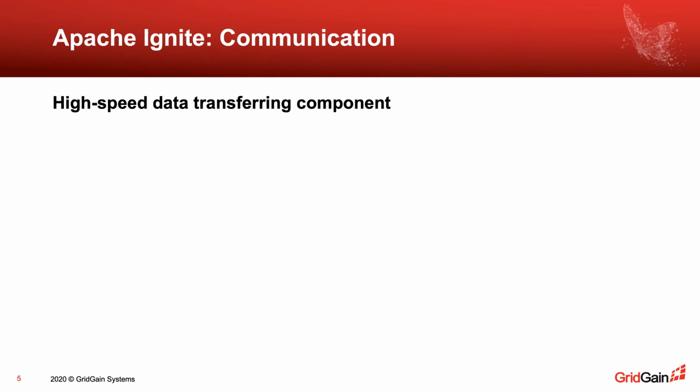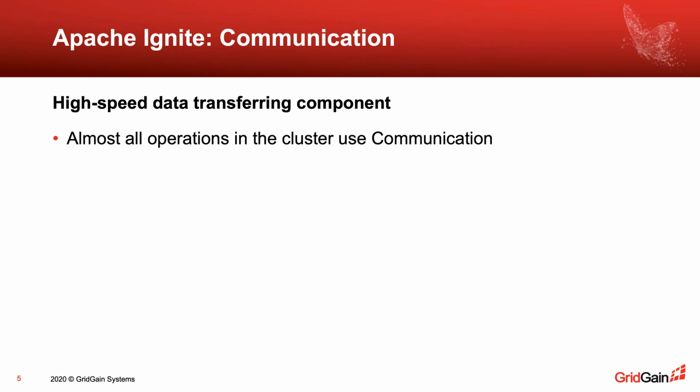So when talking about Apache Ignite and how it transfers user data, we mean Apache Ignite's component, which is called communication. So communication is Apache Ignite subsystem, which is used just for that.